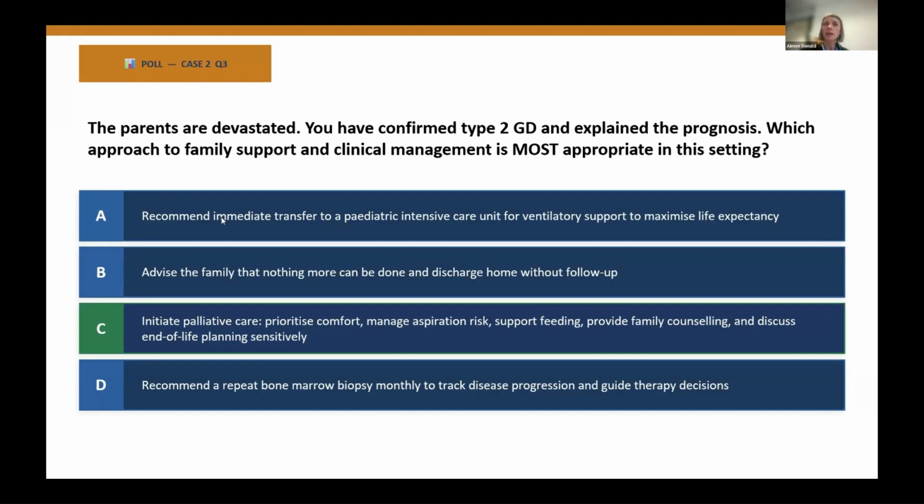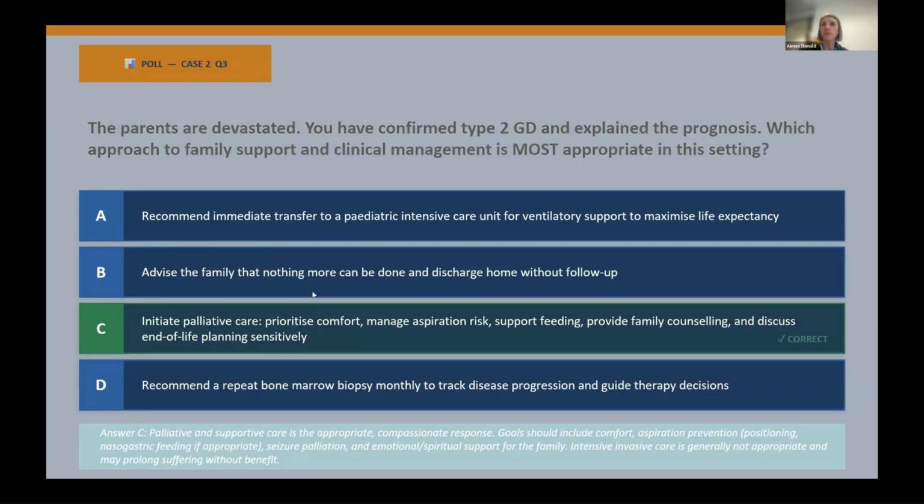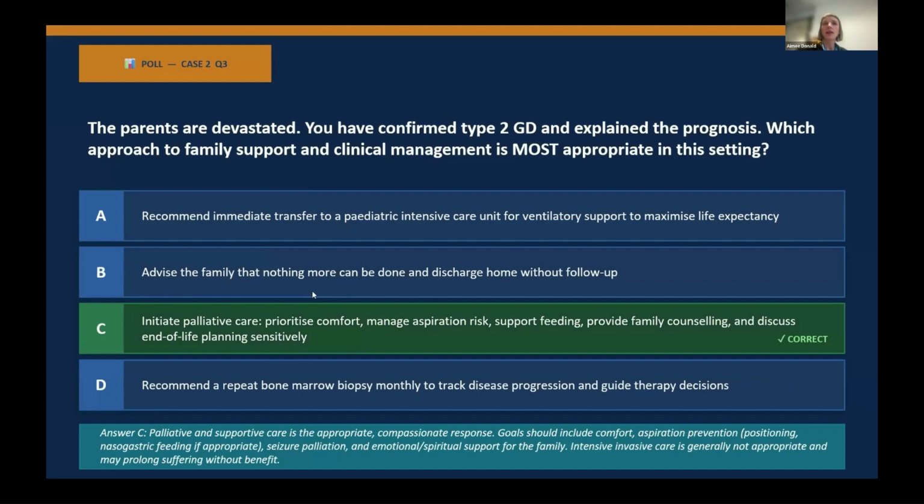C, initiate palliative care, so prioritize comfort, manage aspiration risk, support feeding, provide family counselling, and discuss end-of-life planning really sensitively. Or D, recommend a repeat bone marrow biopsy monthly to track the disease progression and guide your therapy decisions. So the answer we were looking for here is C, and we want to initiate palliative care.